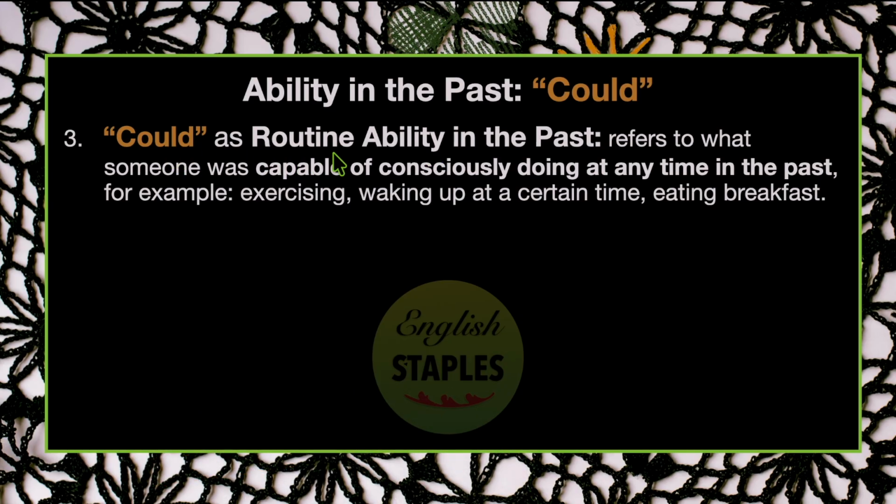Could as routine ability in the past refers to what someone was capable of consciously doing at any time in the past. For example, exercising, waking up at a certain time, eating breakfast. These are all routine abilities.